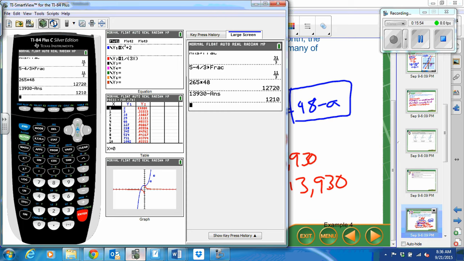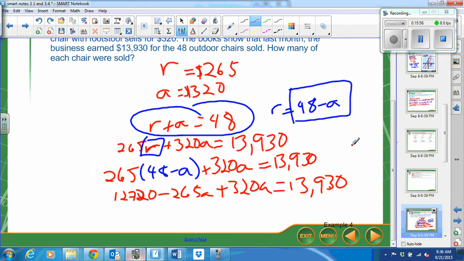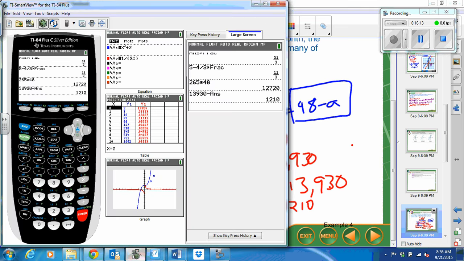So 1,210. And negative 265 plus 320 is going to be 55A. So divide by 55, and we get 22.